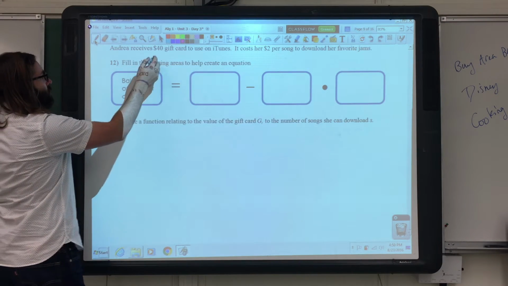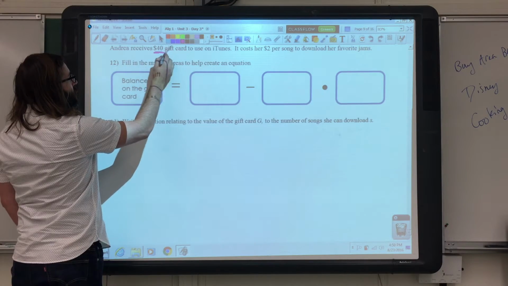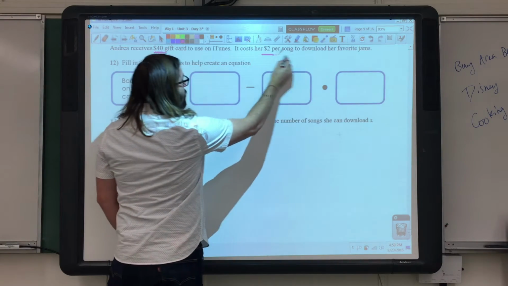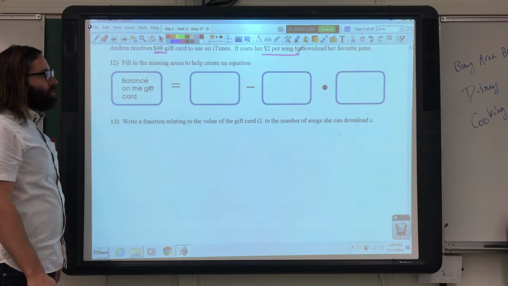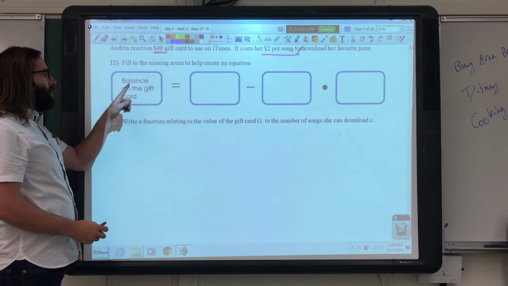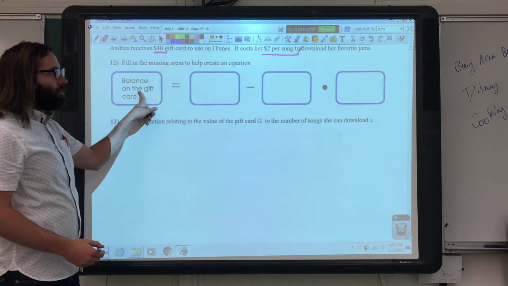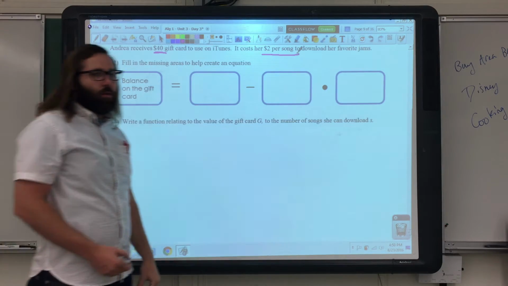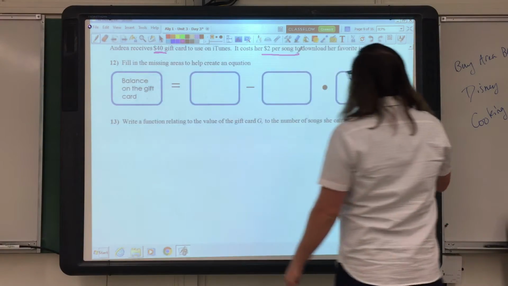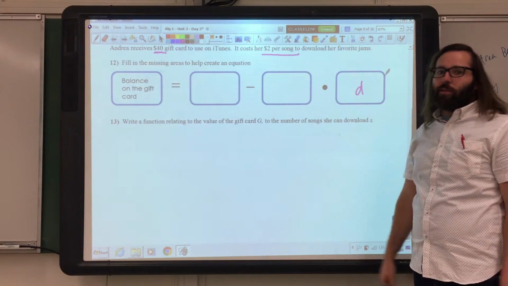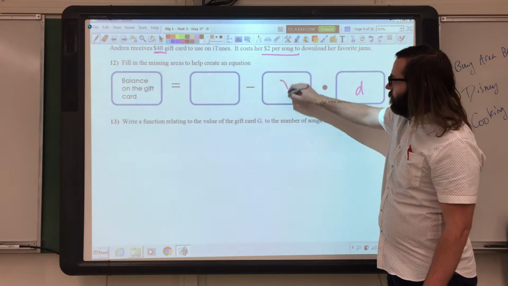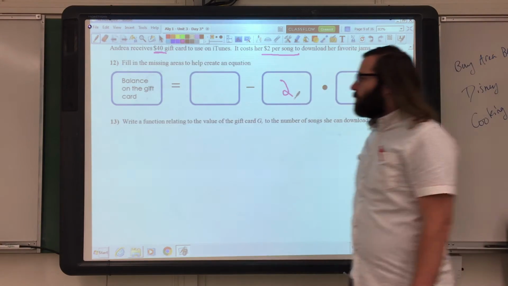So, Andre receives a $40 gift card. It costs $2 per song. Write an equation to represent this. So, the balance, to represent our downloads, we'll use D. Now, how much money is it per download? $2.